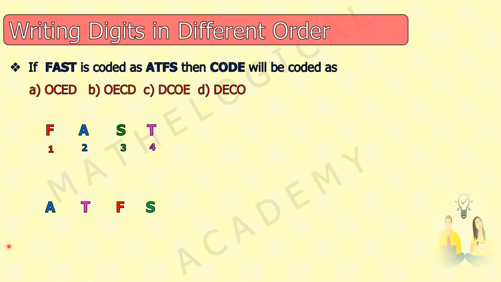By this time you must have noticed that FAST has the same letters that ATFS has. So all the letters are there in the code, just arranged in different order. So F is going from place 1 to place 3, A from place 2 to place 1, T from place 4 to place 2, and S from place 3 to place 4.